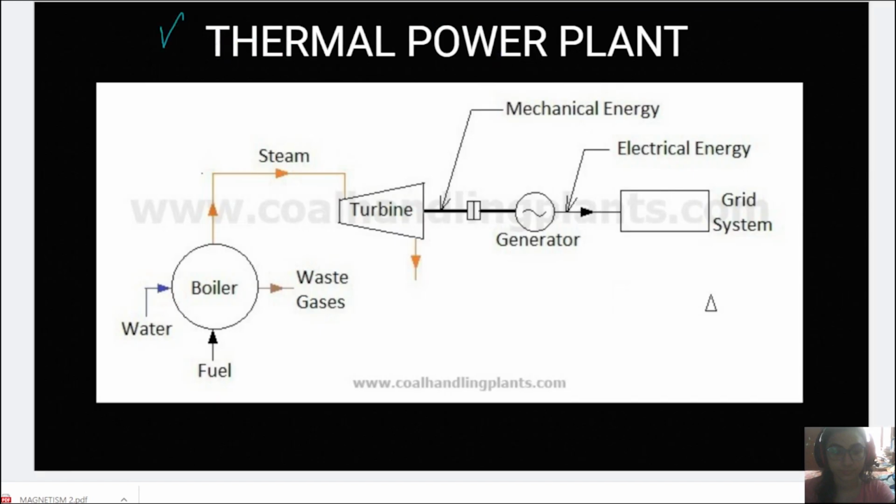So a thermal power plant is also another application of what we just talked about. What happens here is that the water is boiled, right? And how will it boil? It will obviously boil with the help of fuel. Steam is produced as a result of boiling of water. This huge amount of steam will move the turbine at a huge speed, and we know that mechanical energy gets converted into electrical energy.